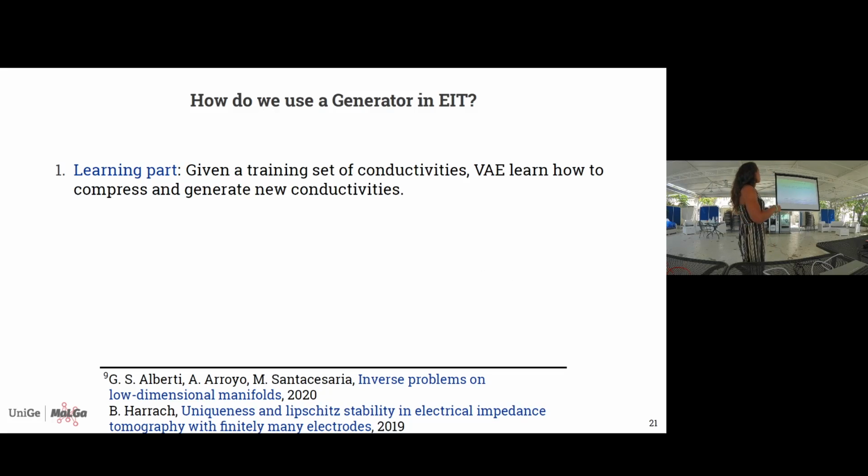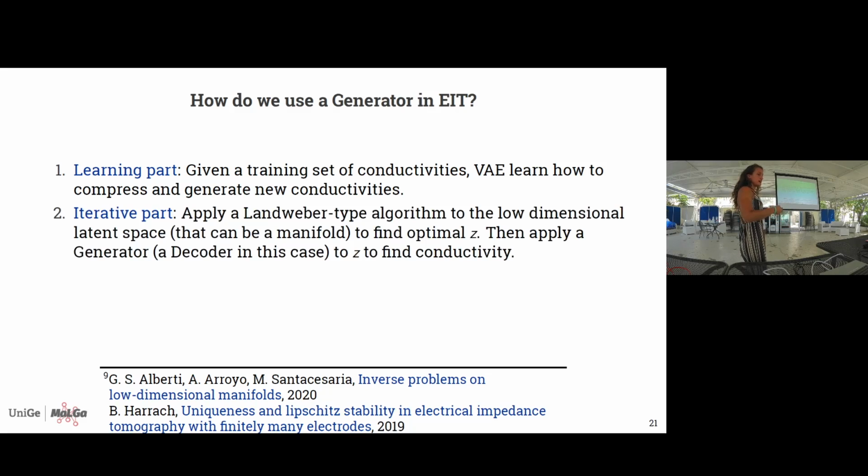As I said before, given a training set of possible conductivities, the variational autoencoder learns how to compress and then to expand and generate new conductivities. Then there is the iterative part that consists in applying a Landweber type algorithm, that is an iterative algorithm, to the low dimensional space Z, the compressed space of compressed conductivities.